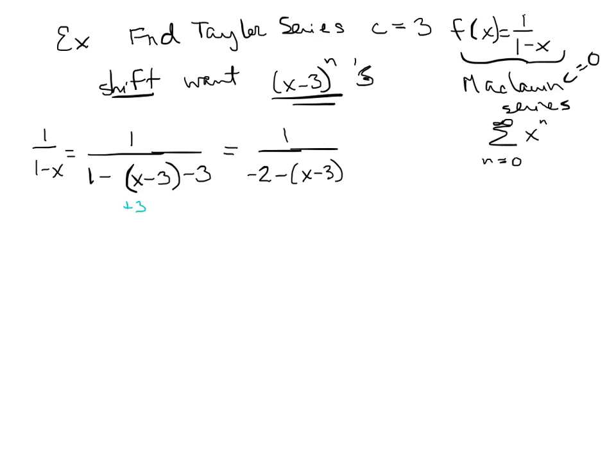Now I still want to use this same Maclaurin series, but now I need a 1. And because of this whole shifting, I don't have a 1 anymore. But I can factor out a negative 2.